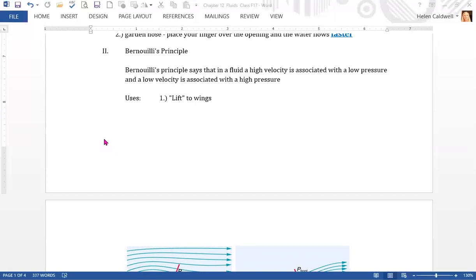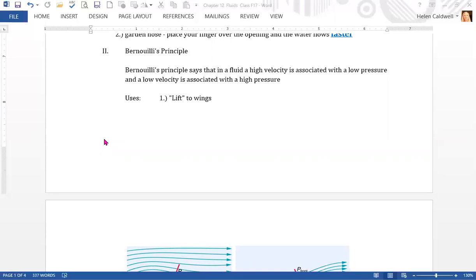If you press down very lightly and exert a little pressure, you can move your hand quickly across the table. But the harder you press down, the harder it is to move across the table, so the slower you travel. So high velocity goes with a low pressure, low velocity goes with a high pressure.